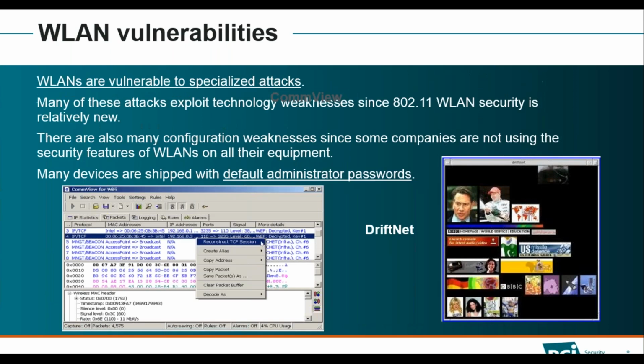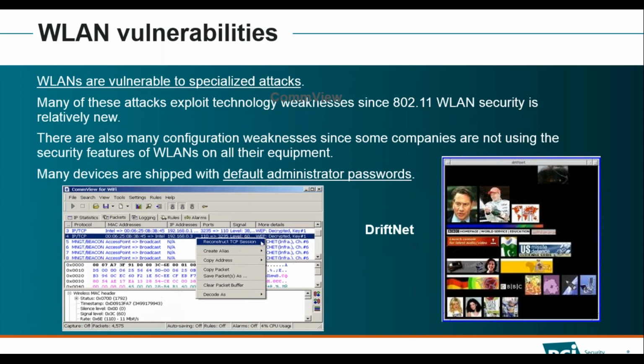With regard to vulnerability, wireless LANs are susceptible to a huge level of vulnerabilities, mostly by misconfiguration. I wouldn't say the operating systems are vulnerable left, right, and center. Of course, in some cases they are, but in 90% of the cases, it will be a misconfiguration that goes along with a wireless device. So we'll get into it.